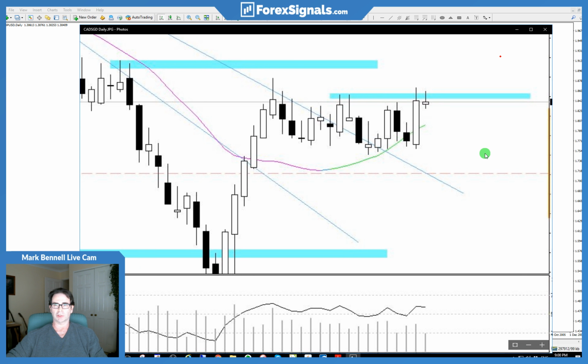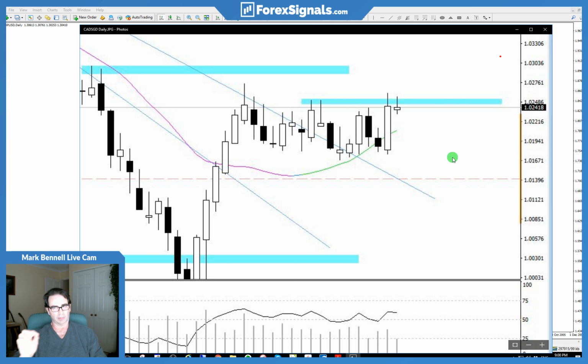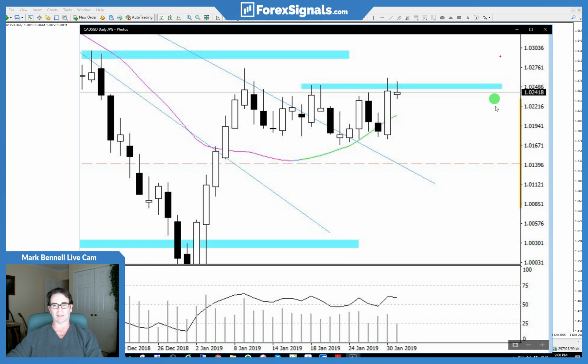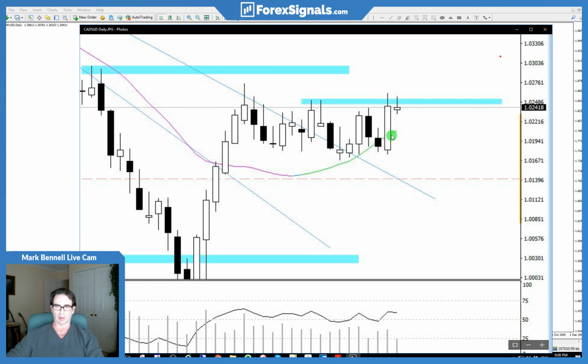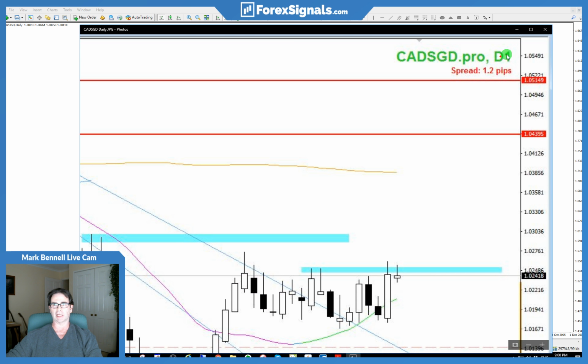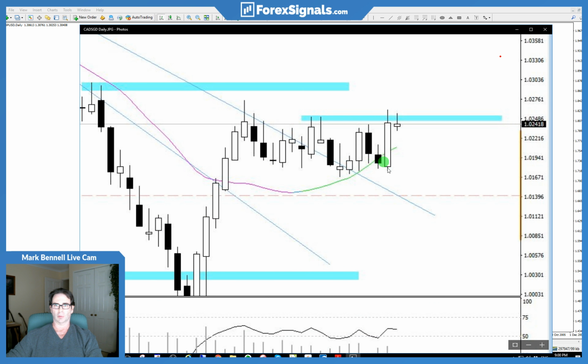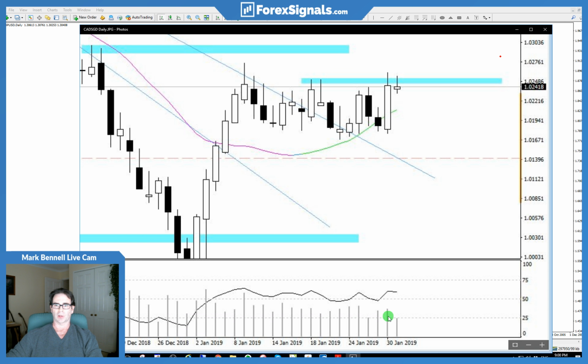All right, now, what you need to also remember, and it's not part of this lesson, but volume is also relative. So look at the nice big push here. Nice big push on medium volume. Now, this is a daily chart. So what does that tell us? Nice big push.